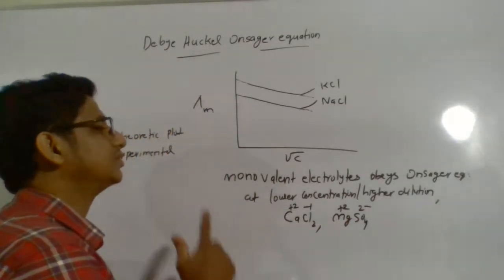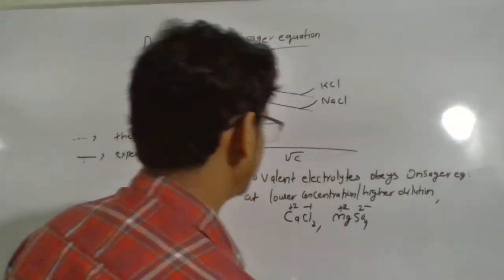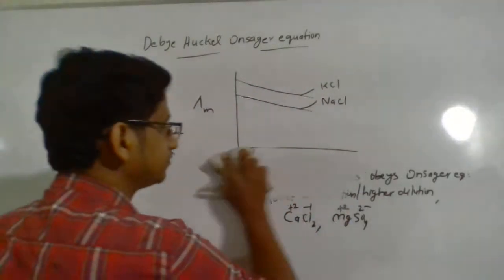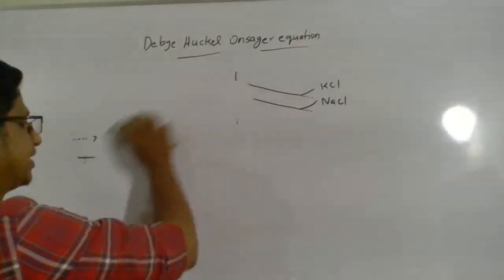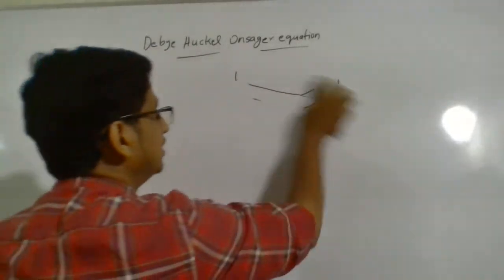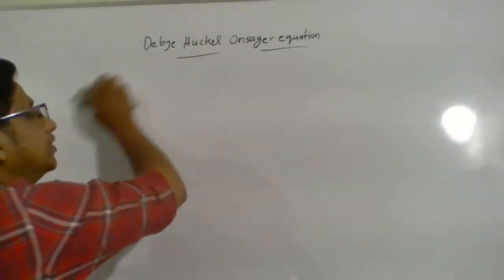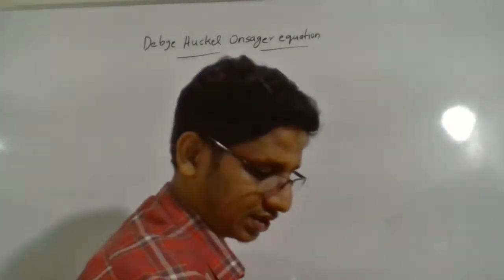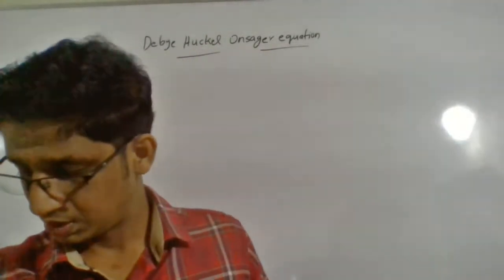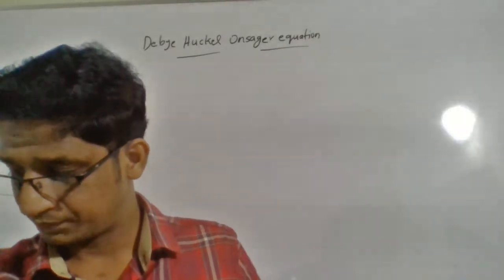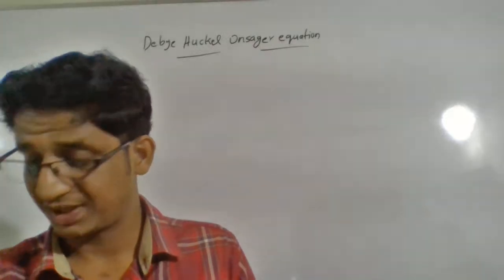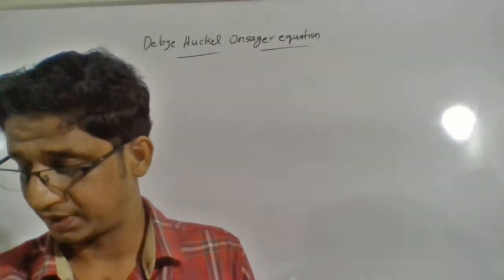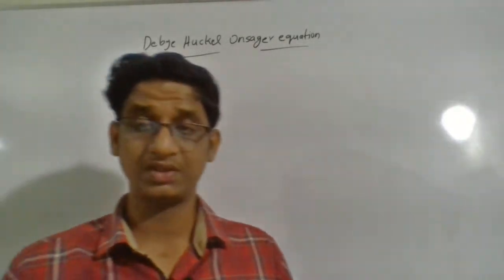So that is what the Onsager equation is all about. Especially for strong electrolytes, you can find the molar conductivity using the Onsager equation. Higher-valent ions we can call polyvalent ions or polyvalent electrolytes.